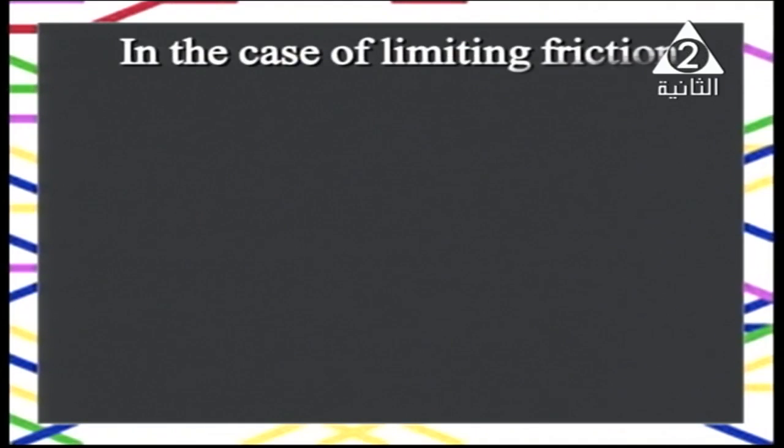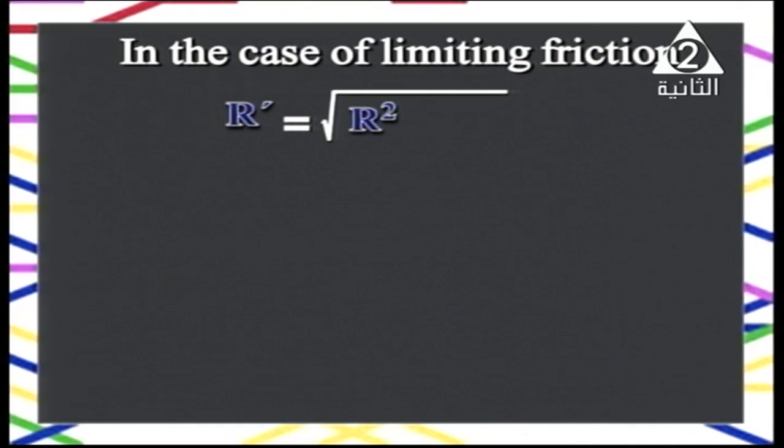In this case of limiting friction, R dash equals the square root of R squared plus Fs squared. What is Fs? Static friction force. What is R? The normal reaction.